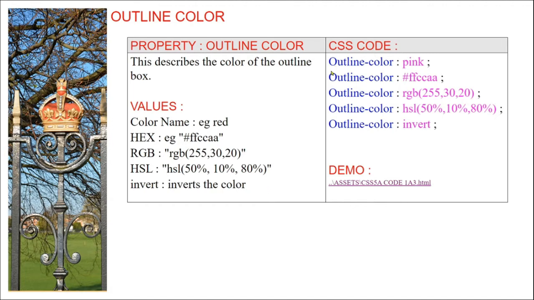The outline color command is as follows in CSS code. Outline color, we can say pink, hash FFCCAA, which is the hexadecimal value for the coloring, RGB function, HSL function, or the invert command.